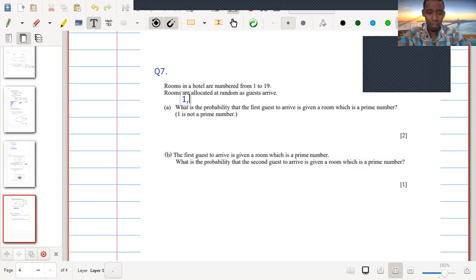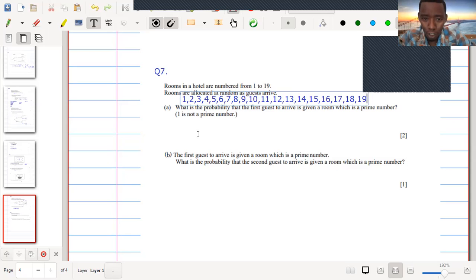We have 1, 2, 3, 4, 5, 6, 7, 8, 9, 10, 11, 12, 13, 14, 15, 16, 17, 18, 19. That's all, because it's from 1 up to 19.